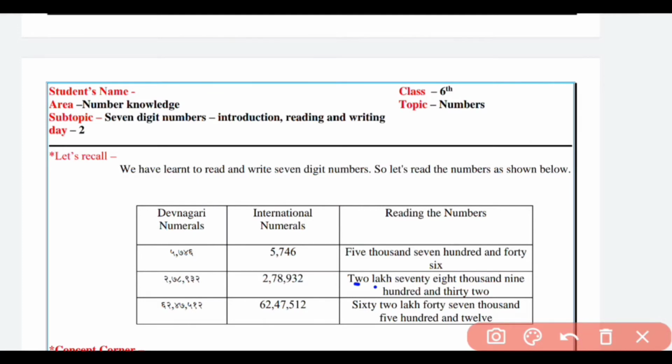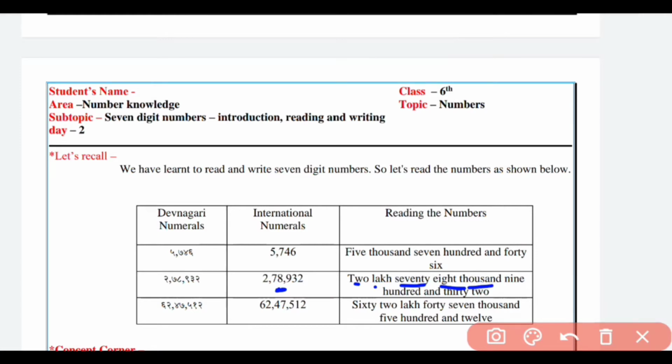Then next is 7 and 8 together. We have to read it as a pair. Why? Because 7 is at ten thousands place and 8 is at thousands place, so we make the pair of ten thousands place digit and thousands place digit and write it as 78,000 together.